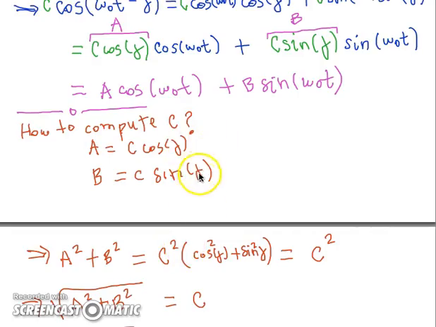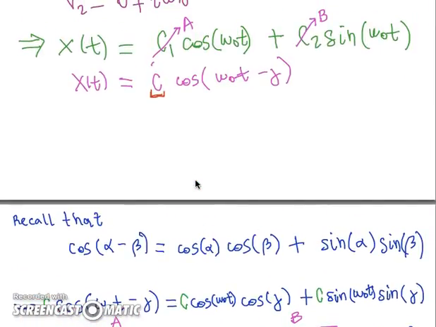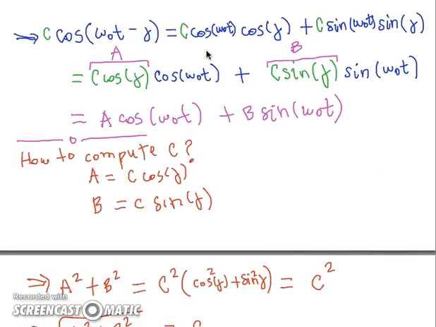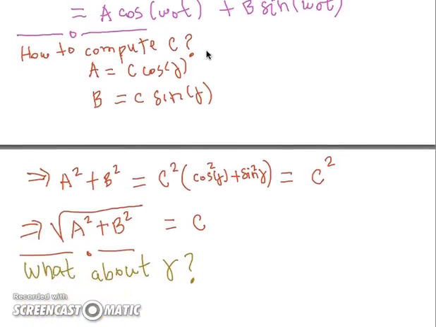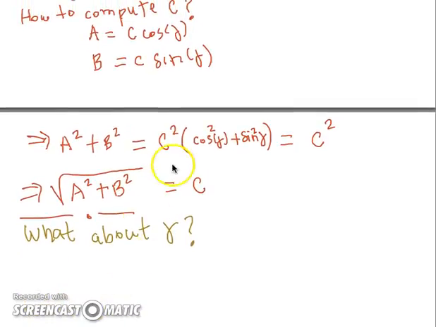But what about gamma? Gamma is a constant that appears in this new formulation. Well, no problem. We can compute gamma also based on basic trigonometry, because let's divide b over a.